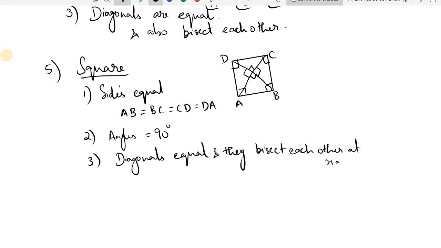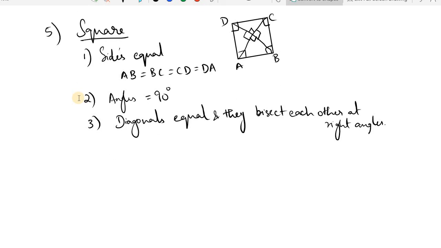Okay, so they bisect each other at right angles. Now, with this, I think you understood the relationship between rectangle, square, rhombus, parallelogram, trapezium, and also the small differences that are there between each of them, and some of the properties which are the same in all of them. And all of these are parallelograms. That's what you need to keep in mind.